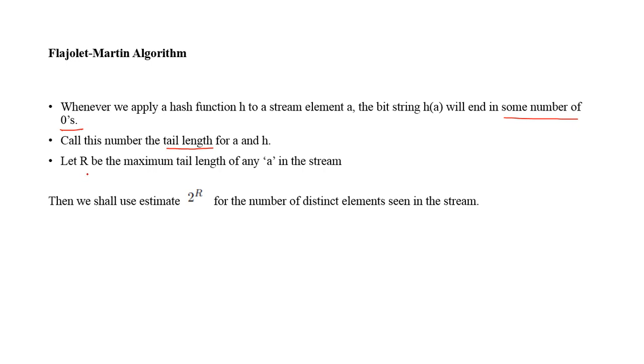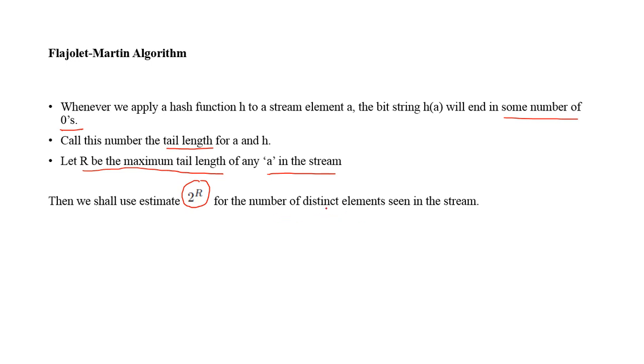Let r be the maximum tail length of any a in the stream. Once we find this maximum value r, we estimate 2 raised to r as the number of distinct elements seen in the stream.